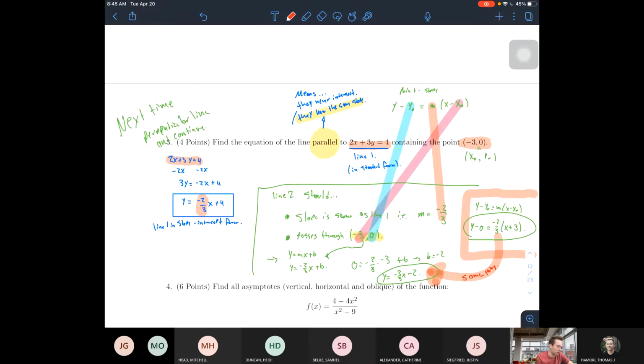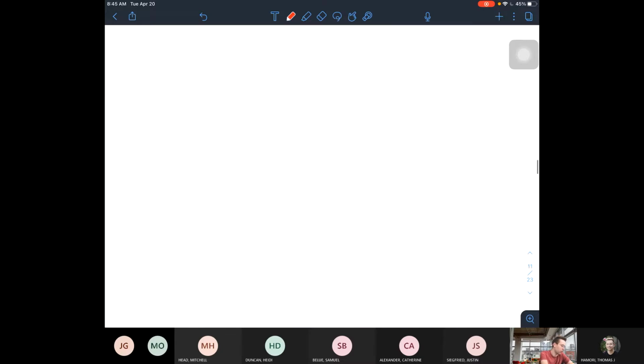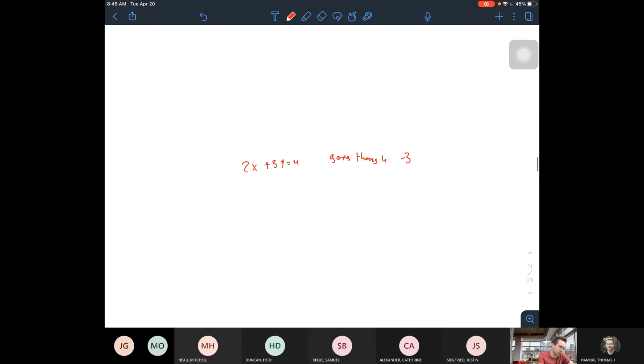So I promised that we would also cover how to find the perpendicular line. I'll go through that now. We have the equation 2x plus 3y is equal to 4, and it goes through -3, 0.